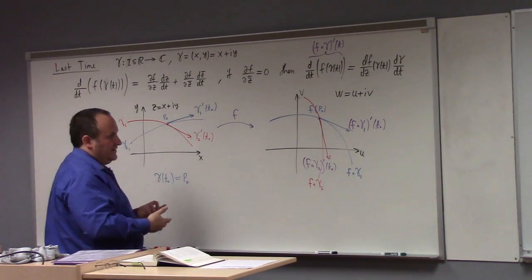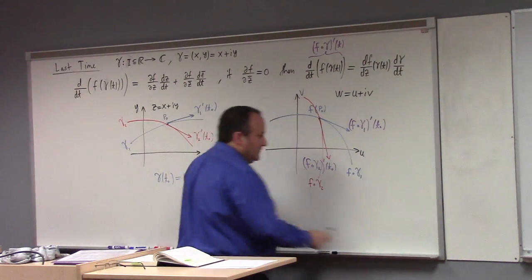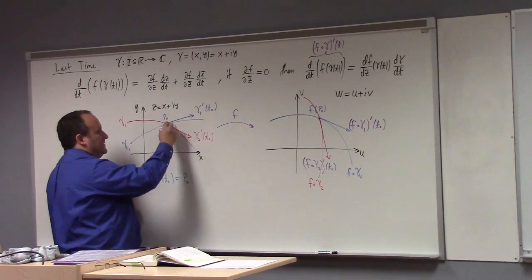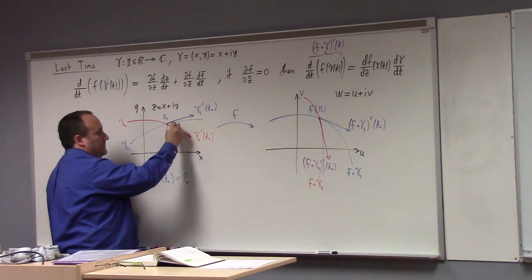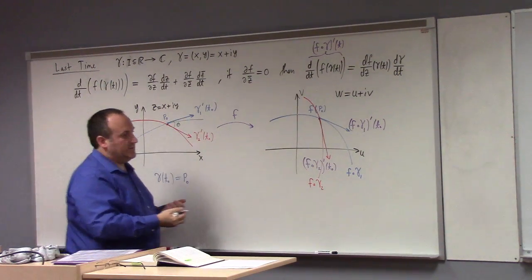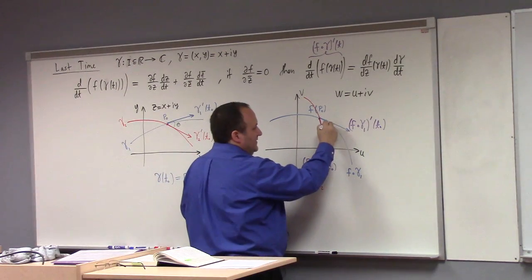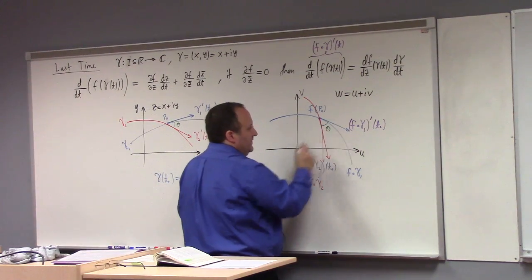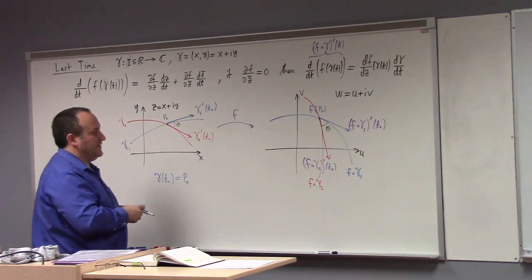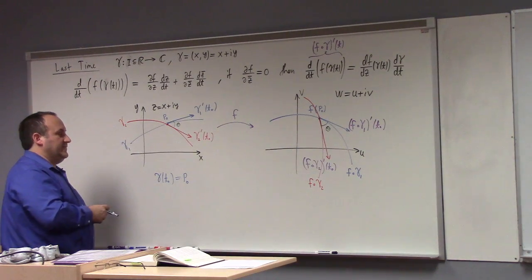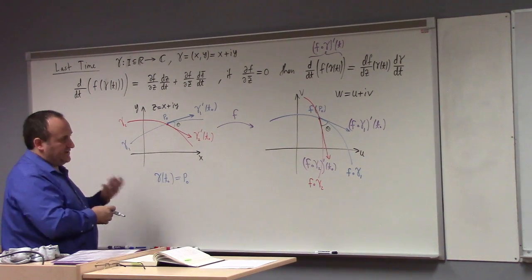And what I was trying to argue to you guys last time is that the angle between the initial paths here has to be equal to the angle between these paths over here if we're dealing with a holomorphic map, a complex differentiable map, but there's a little more fine print.